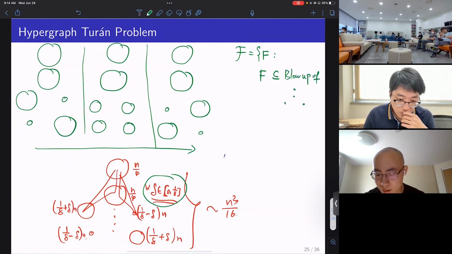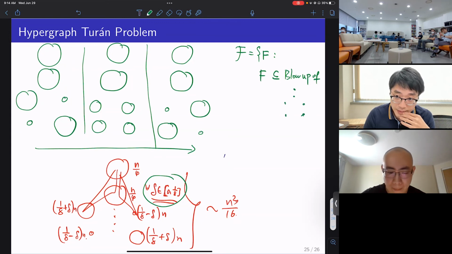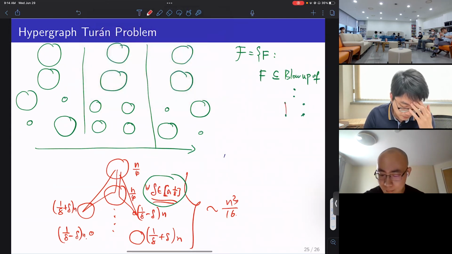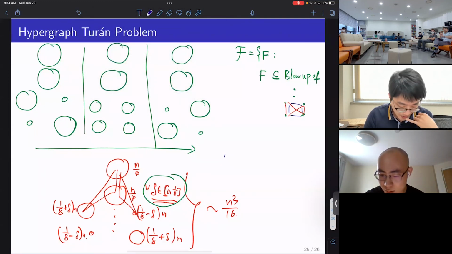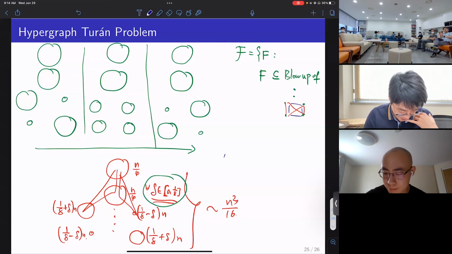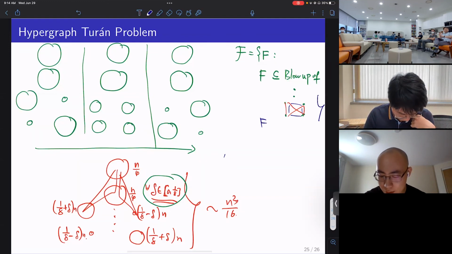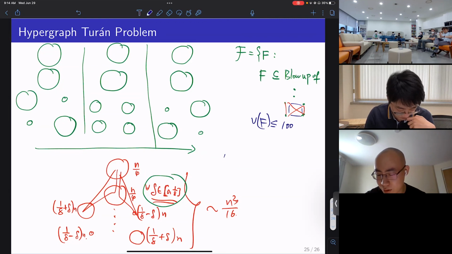I'm going to draw it like this. And F has, say, 100 vertices. The 100 is not a concern as long as it is finite.